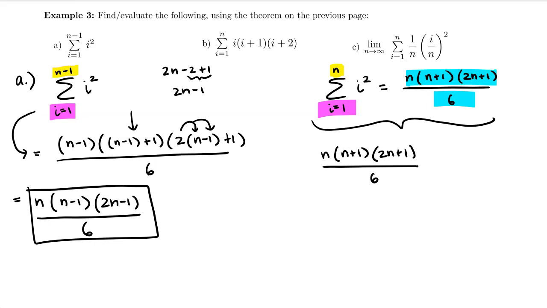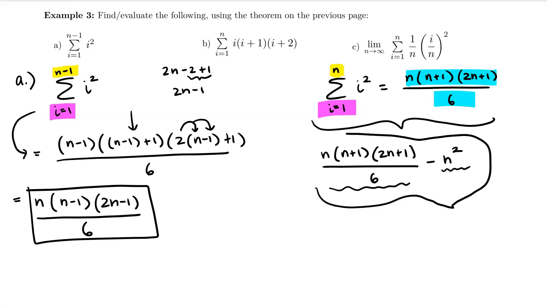So another way you could arrive at this answer is by taking this formula and then subtracting off n squared. It doesn't look like they're the same right now, but if you found a common denominator and simplified, this should simplify to the formula that we found there. So if you want something interesting to do or a challenge, you could show that those two things are equivalent.